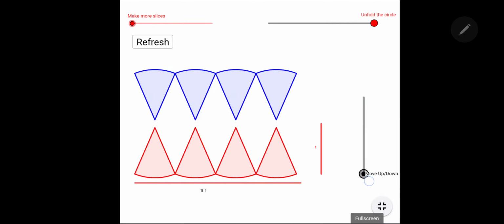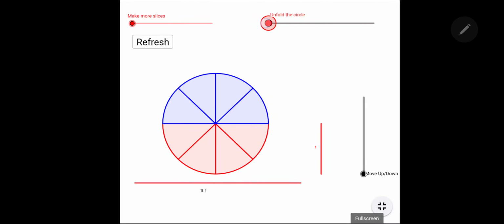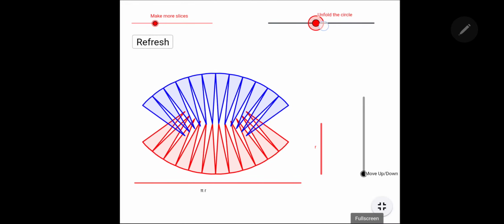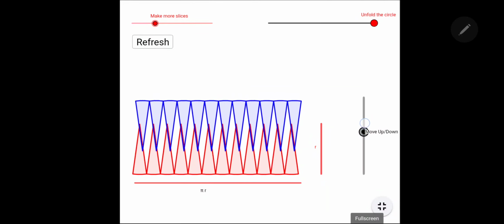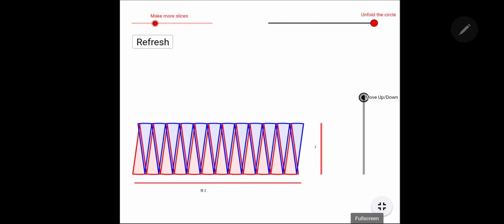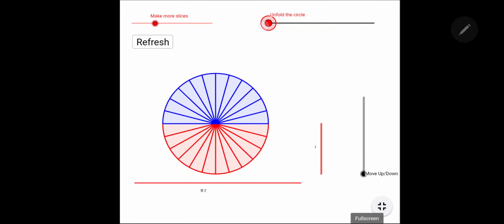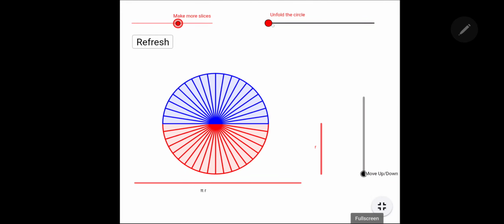So let's take it back and let's make more cuts. Now let's unfold it and let's bring it together. It's getting closer and closer, looks more parallelogramish to me, except it's still got these little wavy things here. So let's take it back and let's tell it to make more cuts.